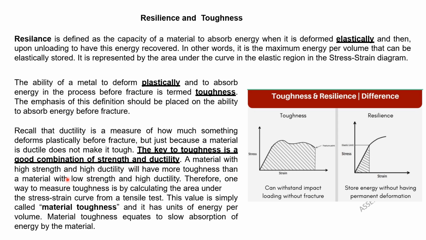A material with high strength and high ductility will have more toughness than a material with low strength and high ductility. Therefore, one way to measure toughness is by calculating the area under the stress strain curve from a tensile test. This value is simply called material toughness, and it has units of energy per volume. Material toughness equates to slow absorption of energy by the material.